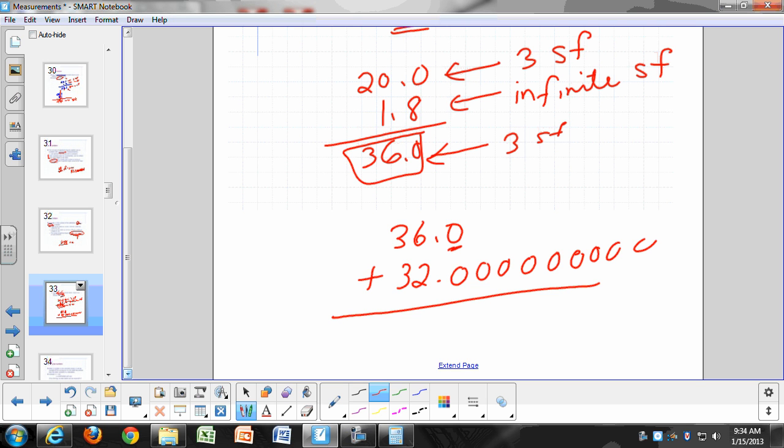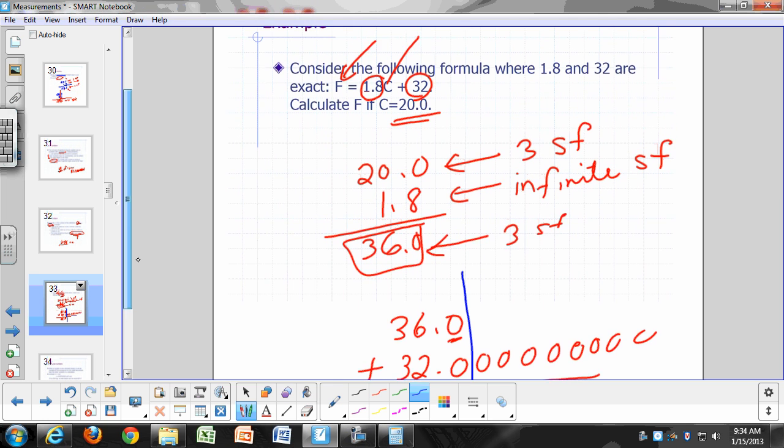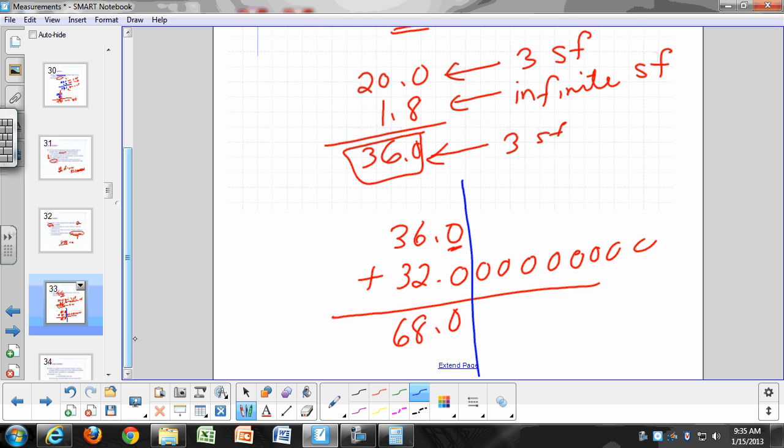When you add these two numbers, you get 68.0, and it's the 36.0 that determines how far you should go. So if you're in a room that's at 20 degrees Celsius, it's a nice comfortable room at 68 degrees Fahrenheit. The final answer here is 68.0.